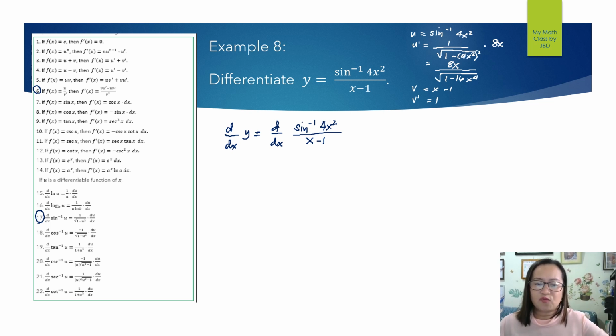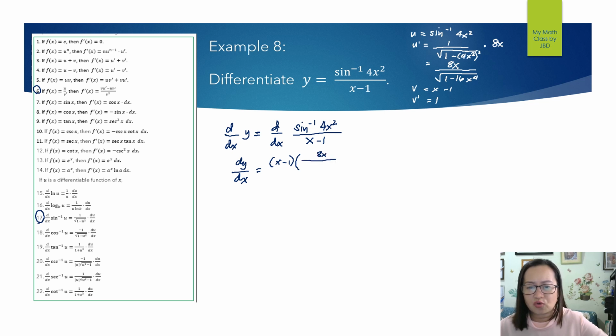The derivative of y is dy dx, and then applying the rule number 6, we will have v u prime. So v is x minus 1, then u prime is 8x over the square root of 1 minus 16x to the fourth power.